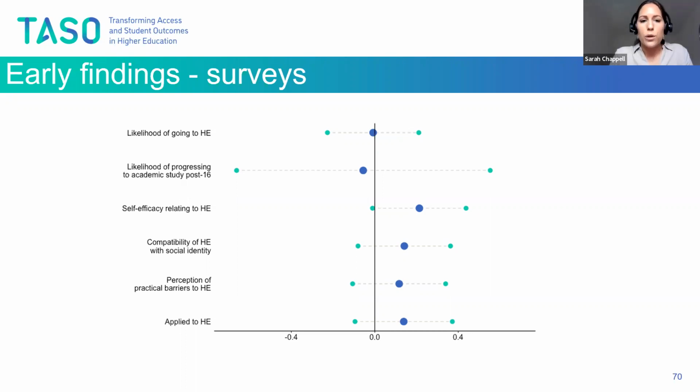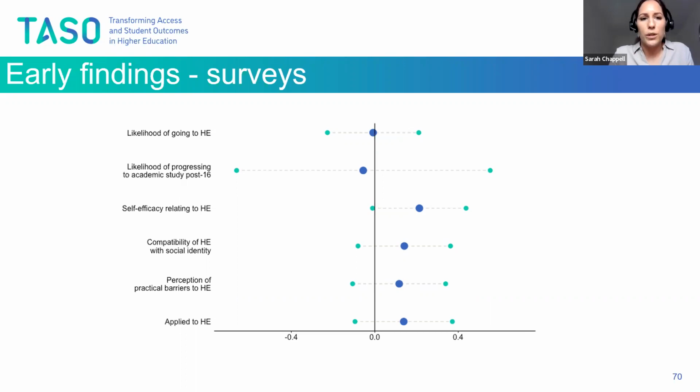Whereas our four other survey items here are sliding more to the positive side of the scale, because it's showing that if you were in the treatment group, so you had a place on the summer school, you are more likely to be confident of your chances in HE, more likely to have a sense of belonging there, and to believe you could overcome practical barriers, as well as more likely to have actually reported you are applying.